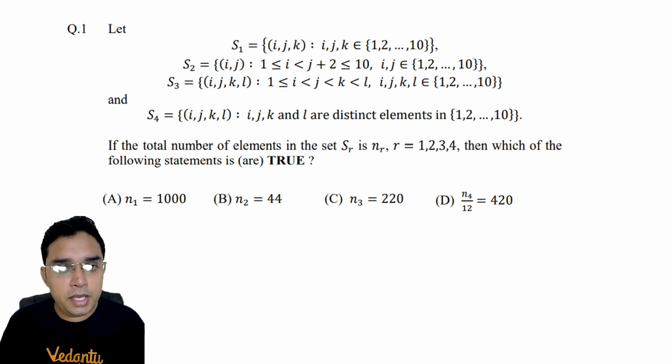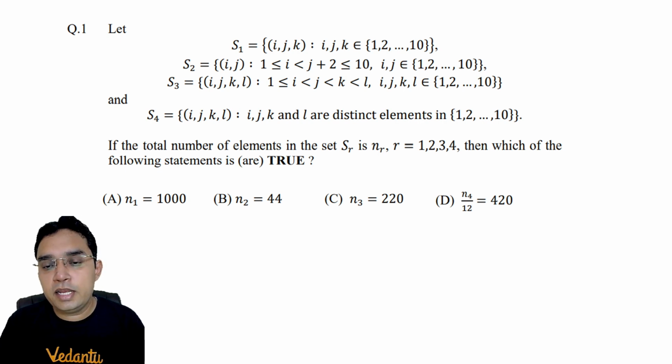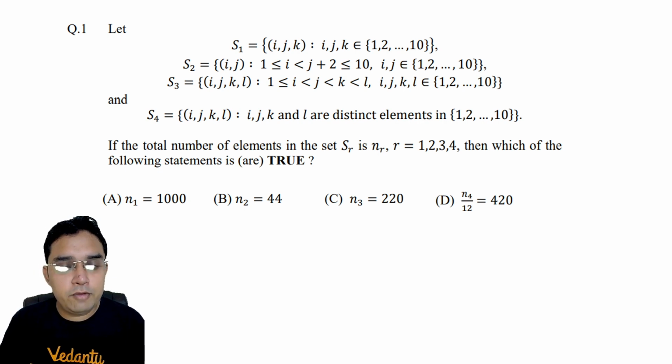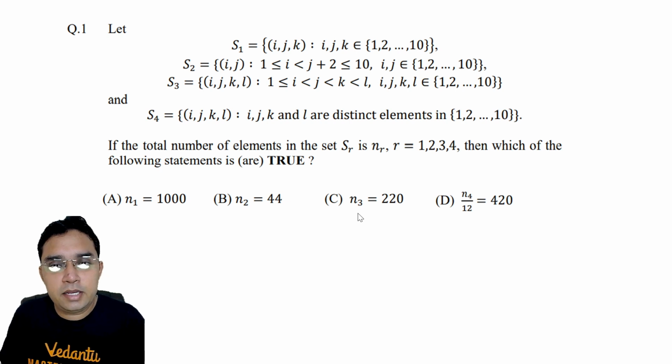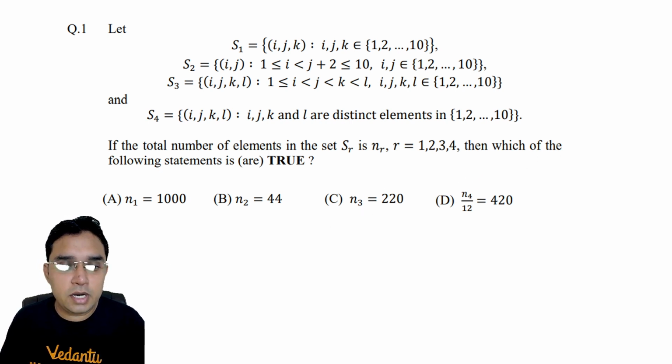S3 is the set of ijkl where 1 ≤ i < j < k < l, with i, j, k, l belonging to 1 to 10. S4 is the set of i, j, k, l where i, j, k and l are distinct elements in 1 to 10. If the total number of elements in the set Sr is nr, r equal to 1, 2, 3, 4, then which of the following statements is/are true?